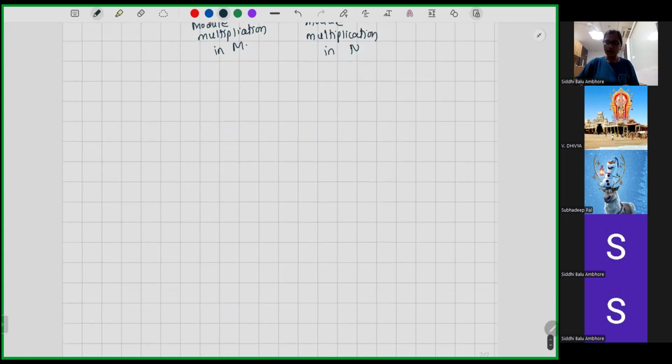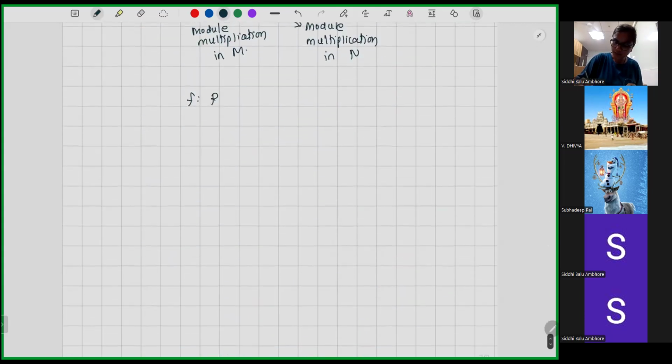So here what I have is F from R to R such that A goes to M into A. Now they are saying that F tilde is the induced map from R mod I to R mod I such that A bar goes to M A bar.